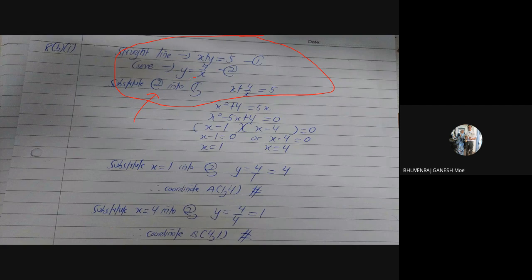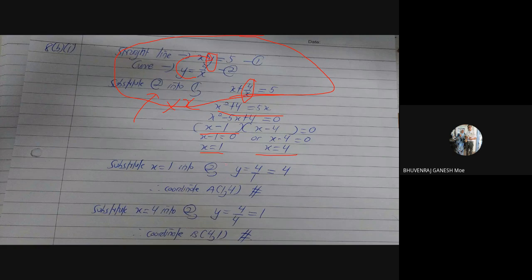Oh, saya buat substitution saja. So y ni saya gantikan dengan 4 bahagi x. The y term I change it to 4 over x lah. So dapat macam ni. Lepas tu saya darab seluruh persamaan dengan x. So jadi macam ni. Okay, lepas tu saya boleh cari nilai x melalui proses kuadratik. I find the x value by factorization.